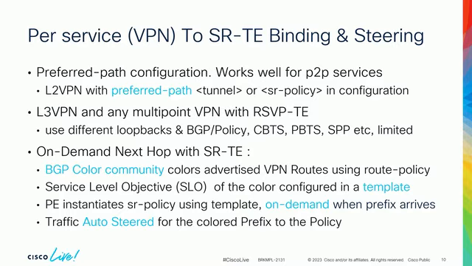But when you go into multi-point types of services, it's a little bit more complicated. For example, with L3 VPNs with RSVP-TE, you would basically have to do an auto-route announce kind of thing with all your loopbacks and build your full mesh of RSVP tunnels. But all VPNs would end up using the same set of tunnels.